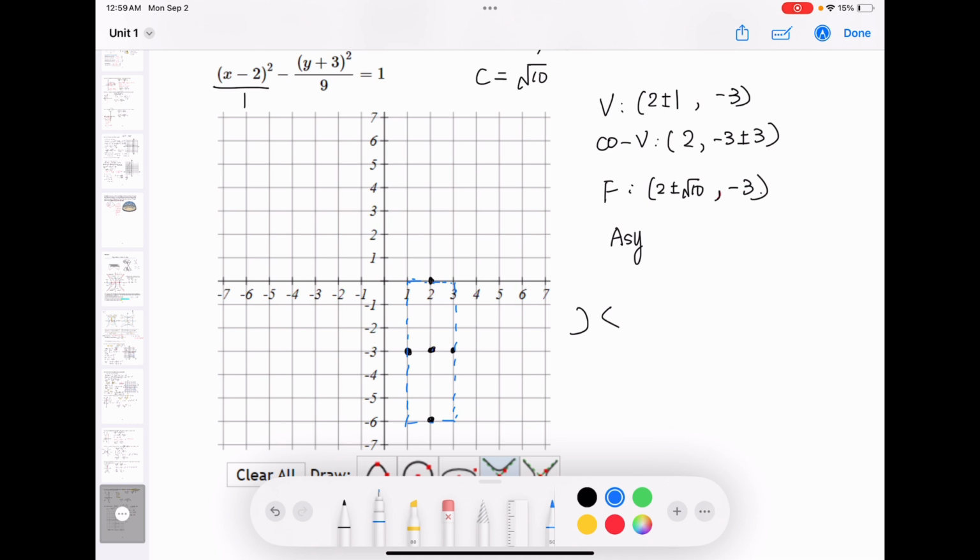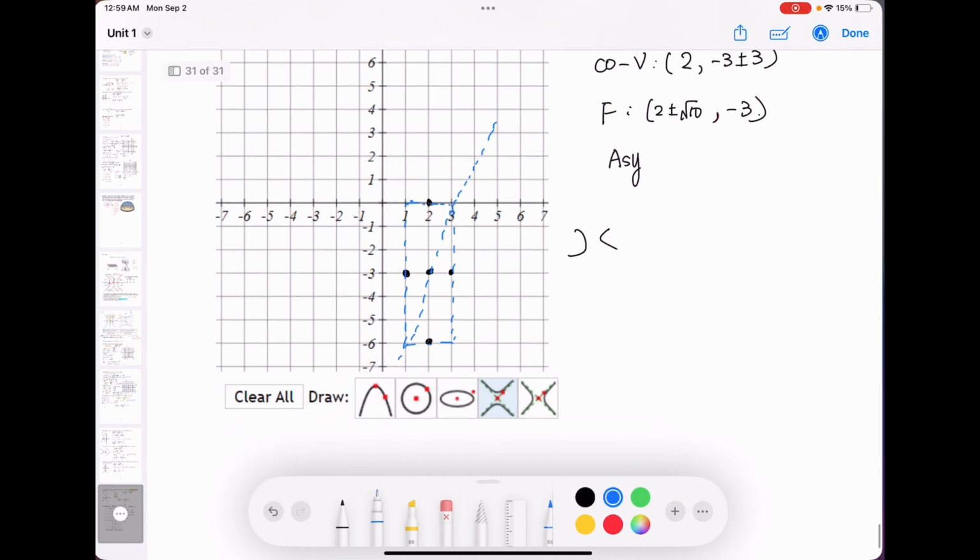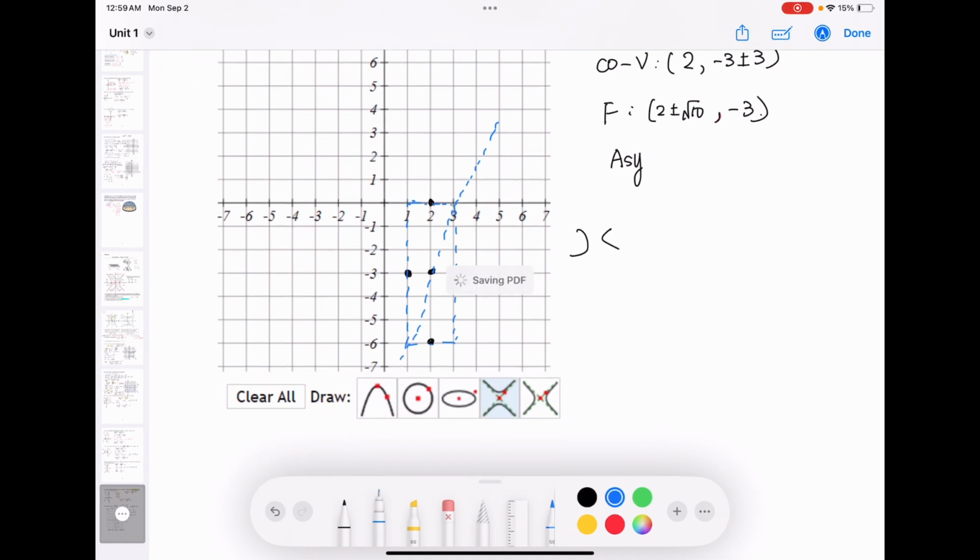So connect 2 vertices, vertices. So this is my asymptotes, one of the asymptotes. So we need to connect the center and vertex, find another asymptote.